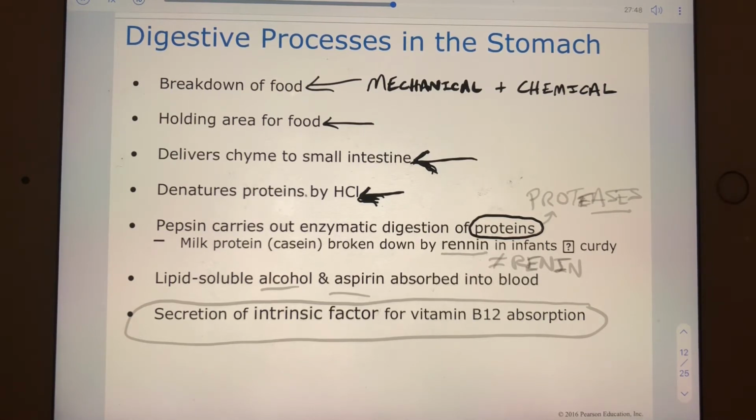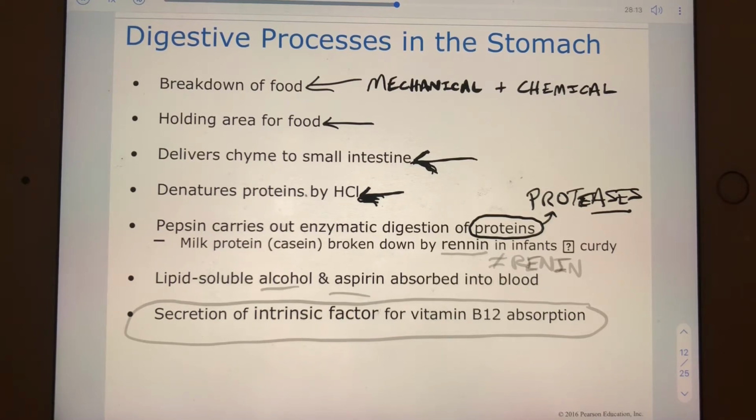We use a variety of proteases, enzymes that digest proteins, to break down different types of proteins and different sort of caliber of proteins.